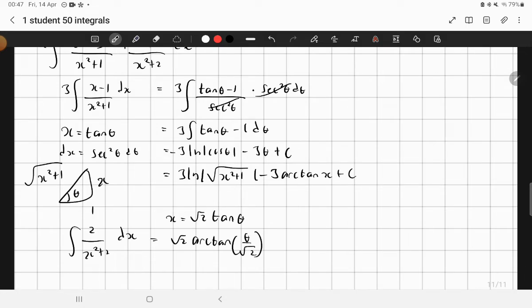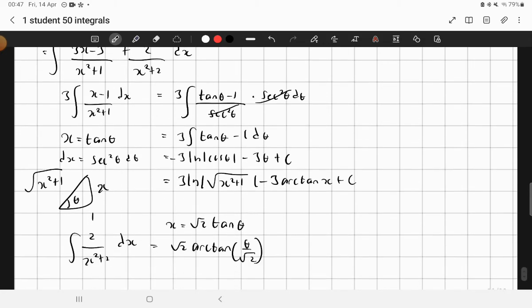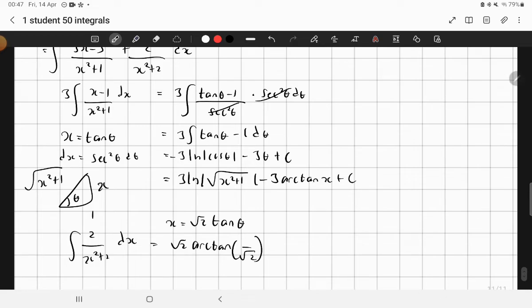Alright. Okay, so yeah, then we know that theta is arctangent of x.